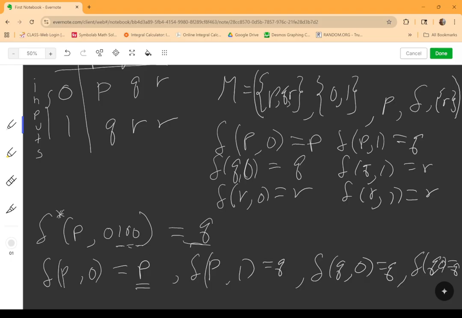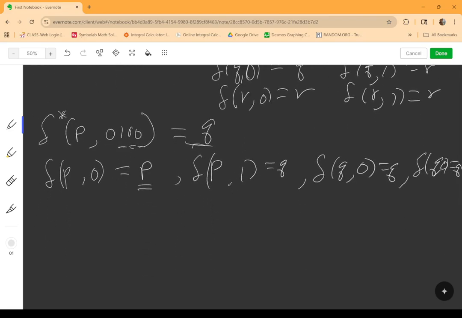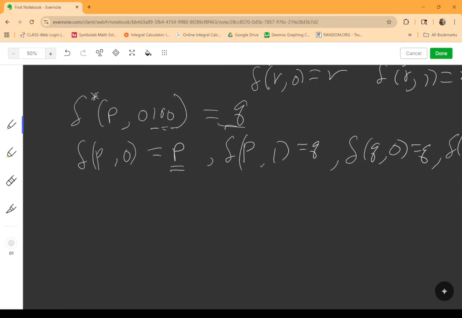Sometimes it's beneficial to set up a diagram to describe what's going on here, and what we call that is a transition diagram. It's a directed graph representing my DFA. Each state is a node or a circle. An arrow labeled A from state Q to state Q prime represents my function. The start state has an unlabeled incoming arrow, and accepting states are drawn with double circles.